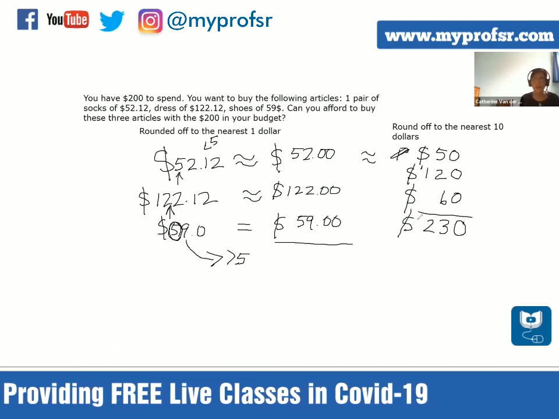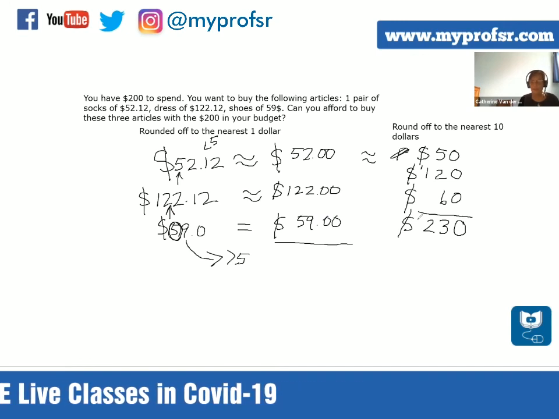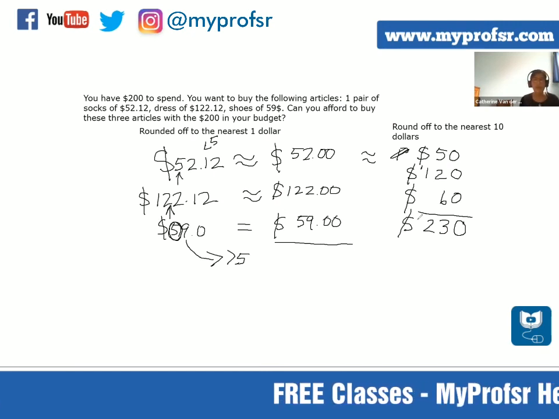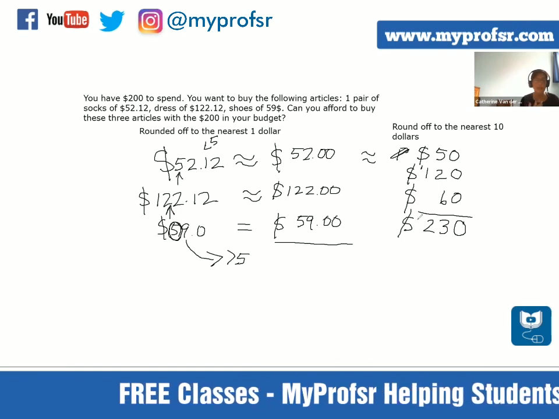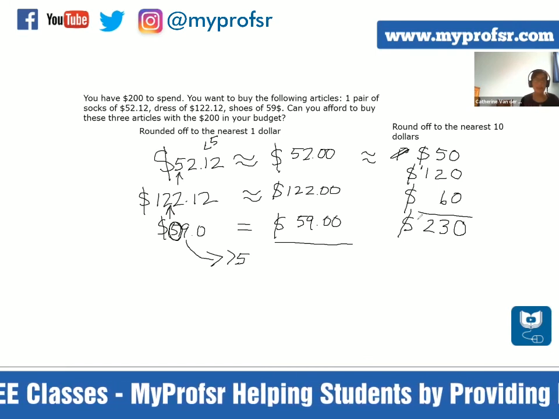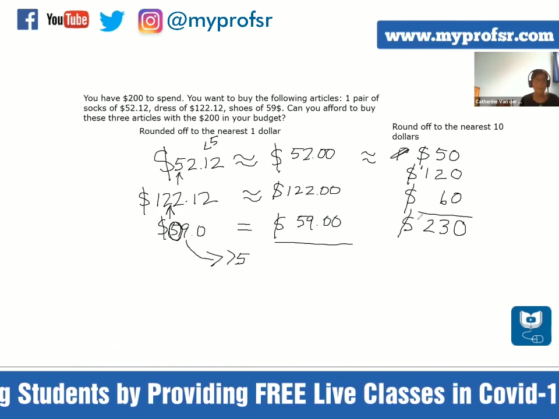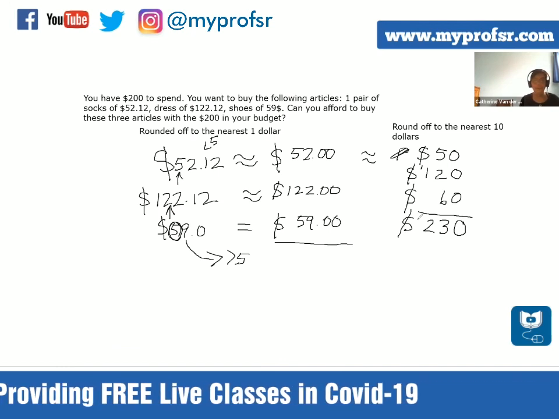Now, what would you advise if you were in this position? Would you advise that I spend my money on these 3 articles, or do you think I should not? What is your answer?